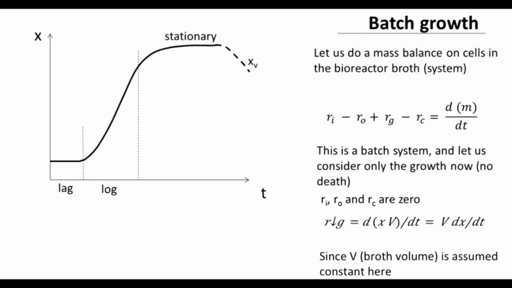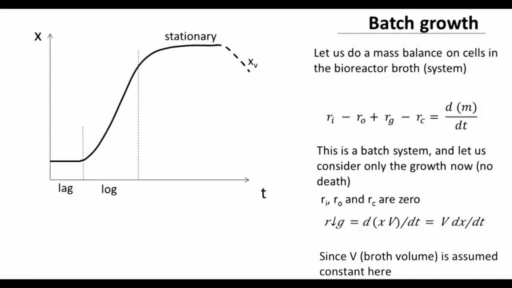So Rg on a mass basis is d/dt of m, which can be written as x times V. Cell concentration is mass of cells per unit volume times the volume of the broth, and that would be m. In the case of batch growth, there is no change in the volume of the batch, right? There's no addition, no depletion or taking away things from the batch, and therefore volume remains constant.